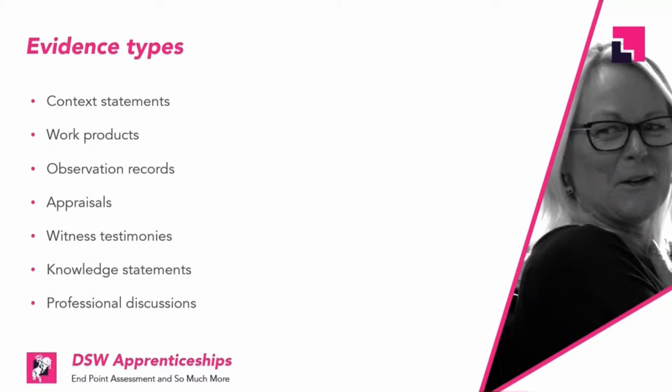It's there to provide clarity and context for the evidence. It's really important to remember the context statement itself is not assessed, so it just needs to be brief, perhaps one page of A4 outlining that situation that the apprentice has been involved in. It's almost used to hang the evidence from.